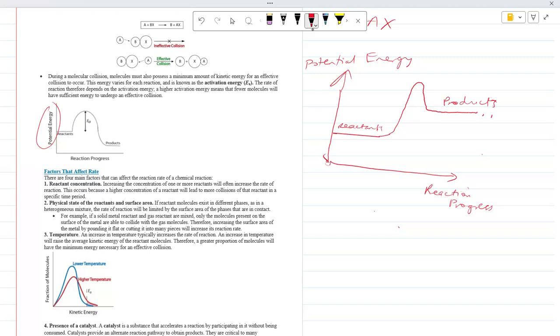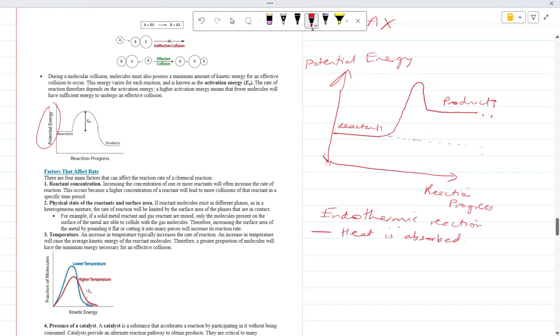Okay. So we refer to this type of reaction as an endothermic reaction. So endo means heat is taken in, the absorption of heat. So we say that heat is absorbed during this reaction. So the activation energy is going to be the difference of the energy here.